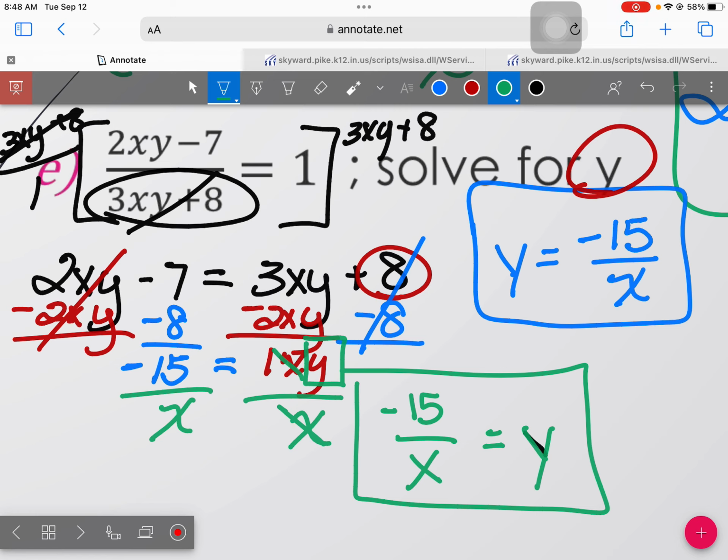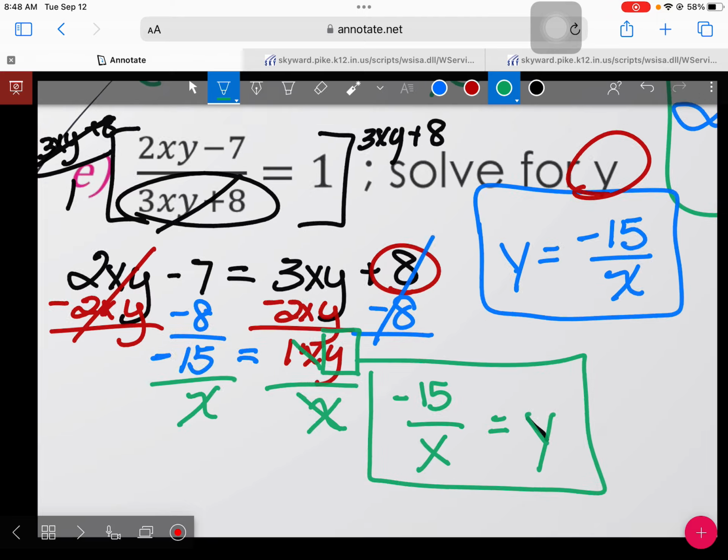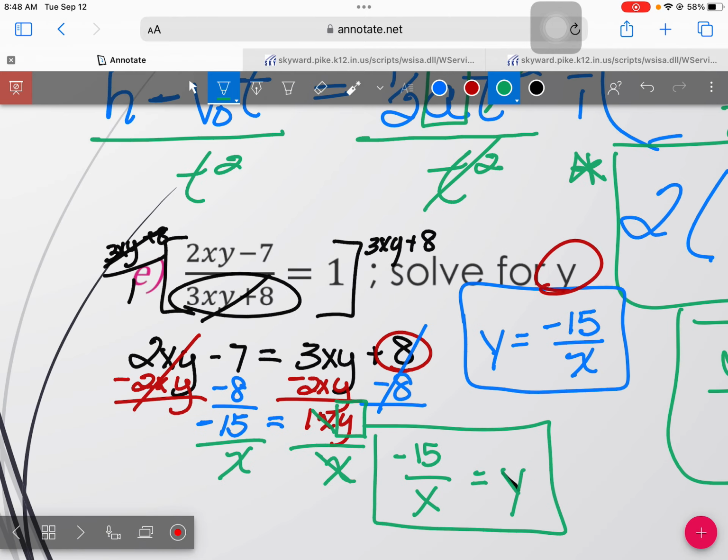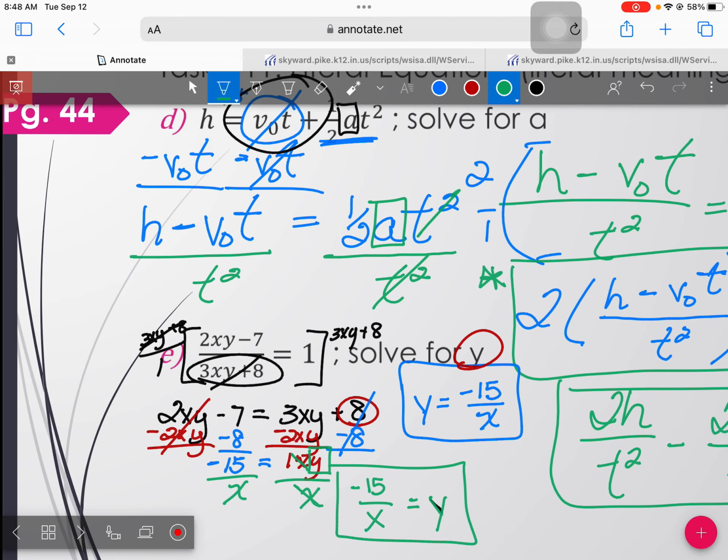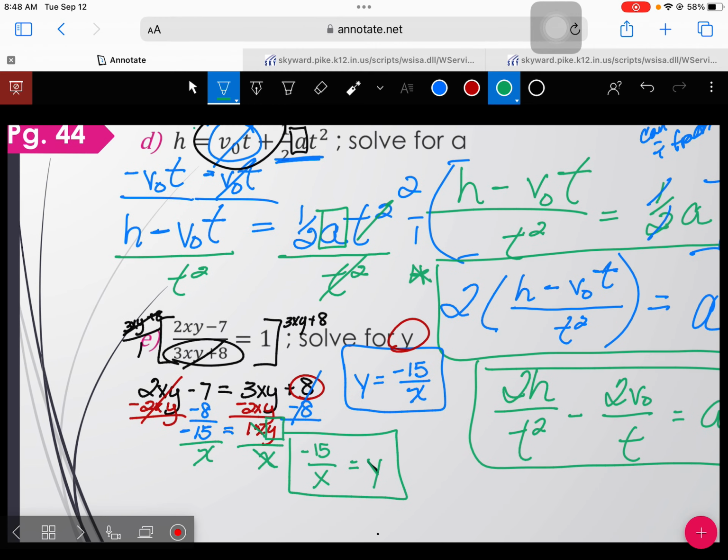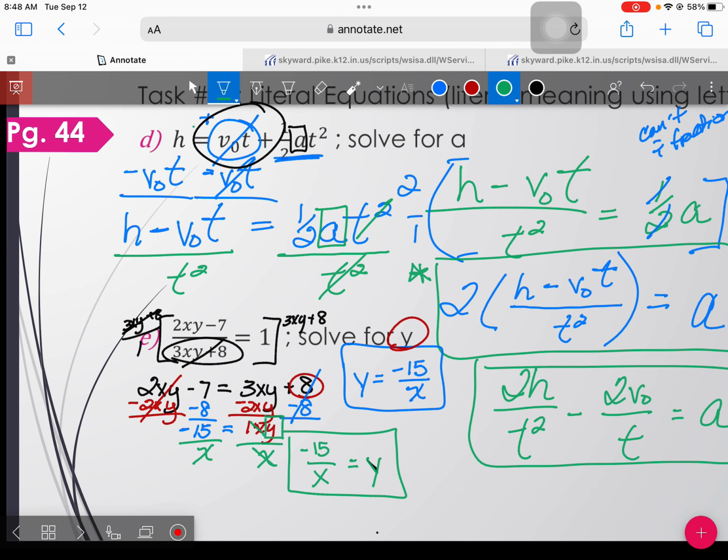And I will upload this. I also will upload later my actual notes, or if you want to look at them here in my book right now, you can do that too. Over here, homework tonight is homework 2-3. This is homework number 3 on Canvas. Equations and formulas.